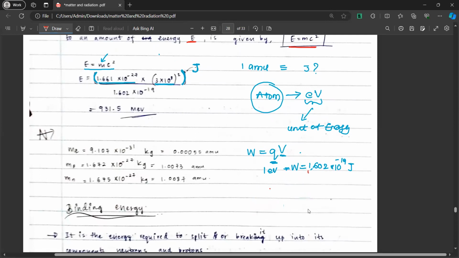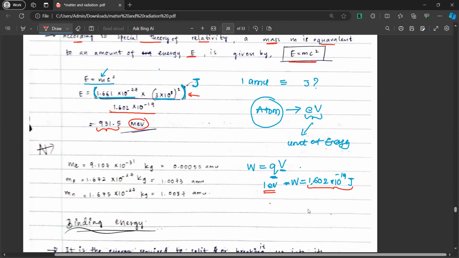This amount of energy is equal to 1 electron volt. So if I divide the energy by this amount, then I will get the amount of energy in electron volt. So when I calculate, it is around 931.5 mega electron volt. Are you clear with this idea?